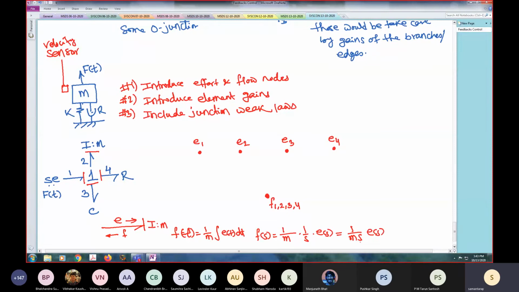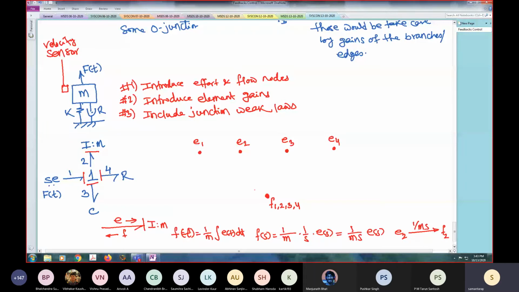So that's the rule. So what we will do? From E2 to F2. The gain will be 1 by ms.